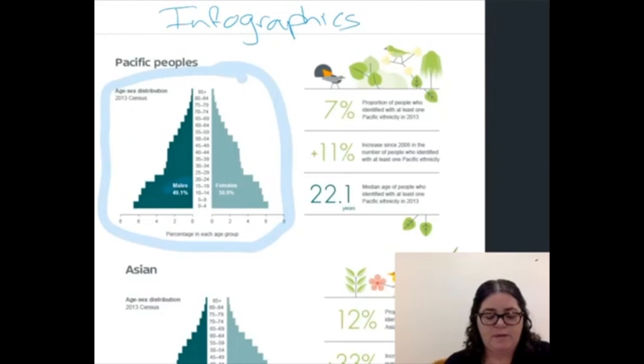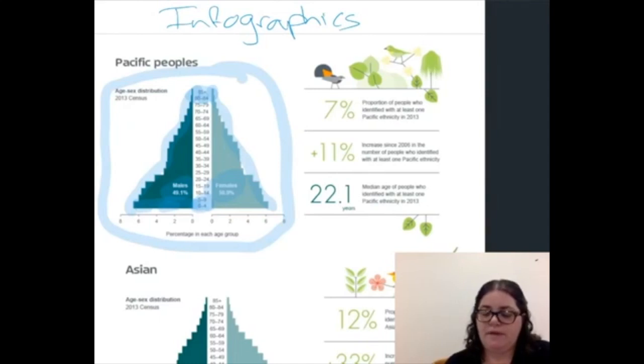On one side we've got the males, and on the other side the females. One thing we can see visually quite quickly is this shape that looks a bit like a pyramid. That tells me that for younger ages there are a lot of Pacifica people, and in the older age groups the numbers of Pacifica people are a lot smaller.